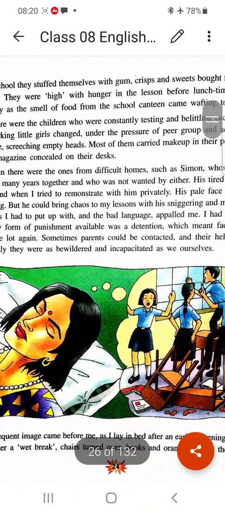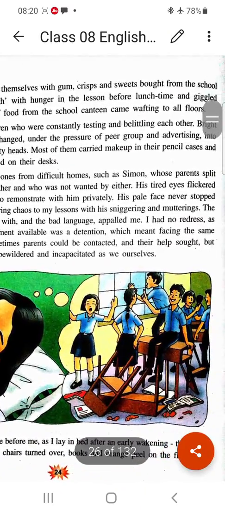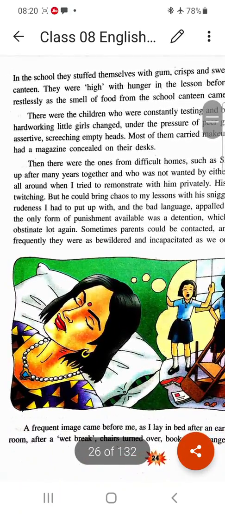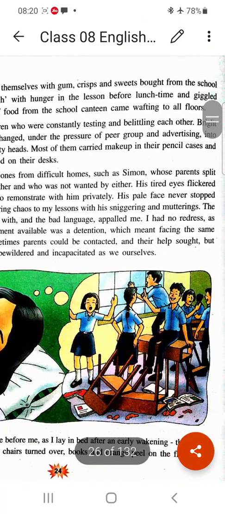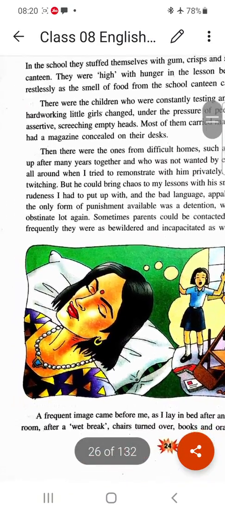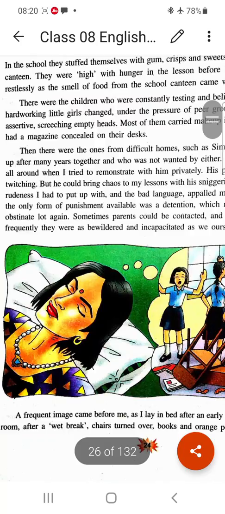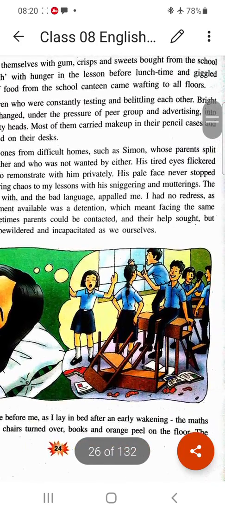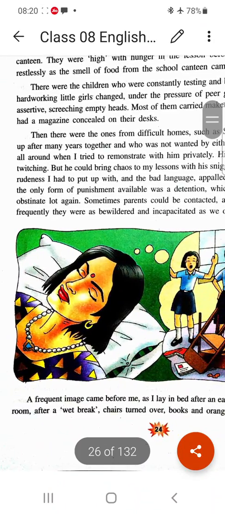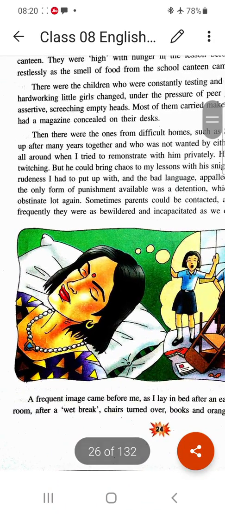There were the children who were constantly testing and belittling each other. Bright, hard-working little girls chained under the pressure of peer group and advertising into assertive, screeching, empty heads. Most of them carried makeup in their pencil cases and had a magazine concealed on their desk.